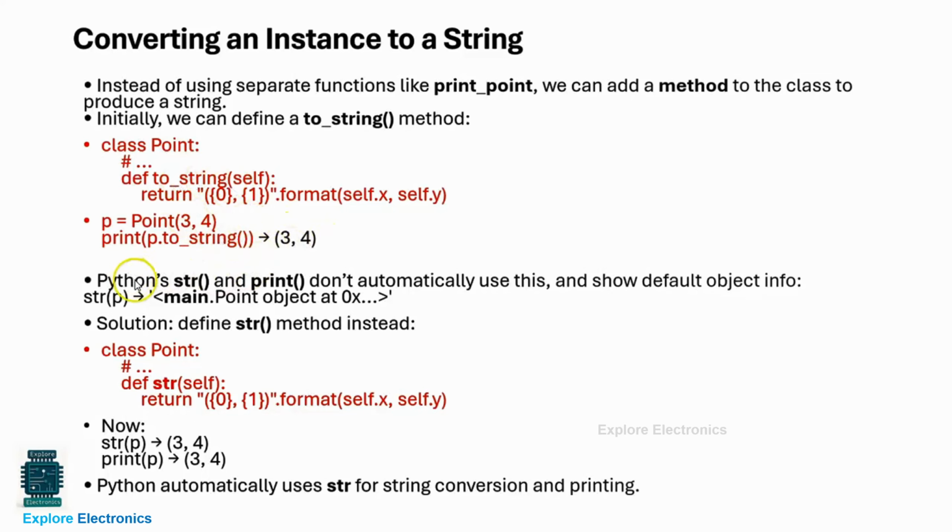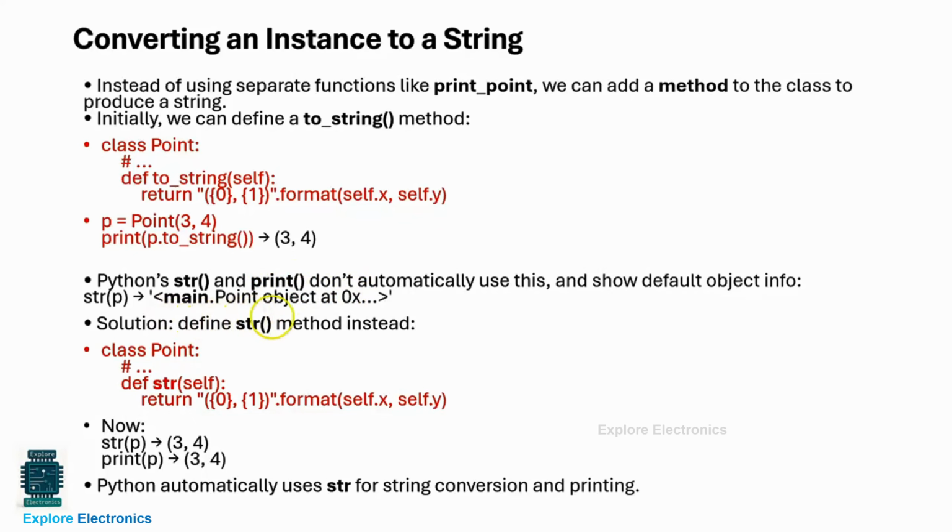Clear with the example? Python's str and print functions don't automatically use this and show the default object info. By default, Python's str and print will show a generic representation of an object, that is __main__.Point object at 0x and so on.